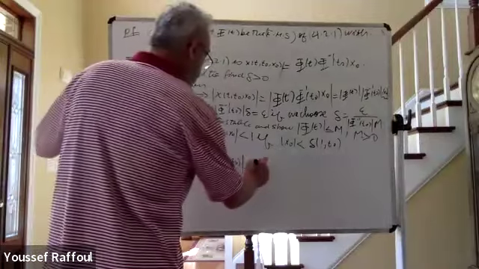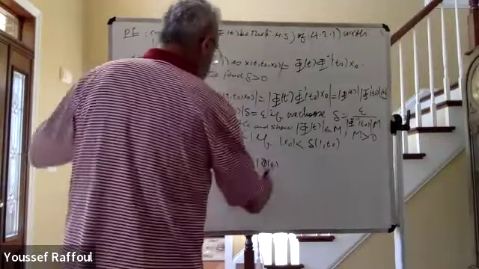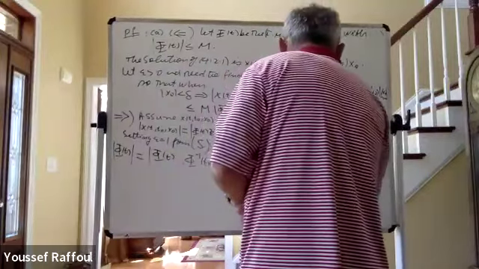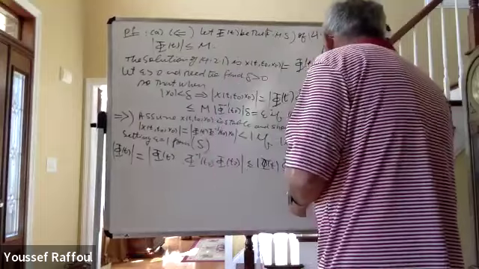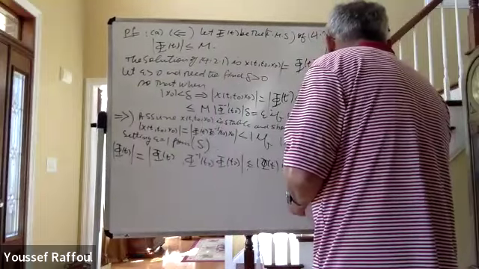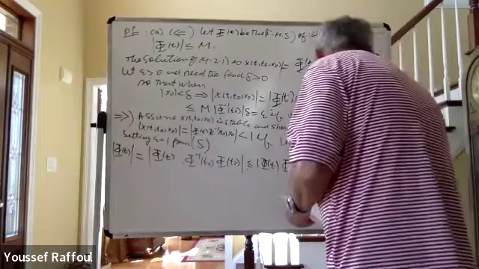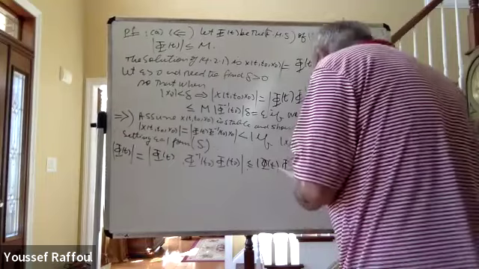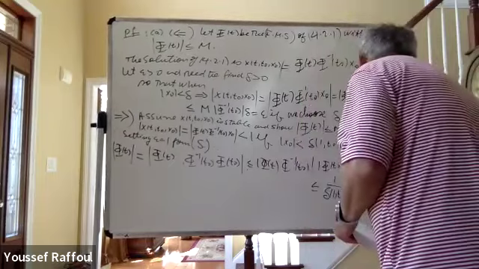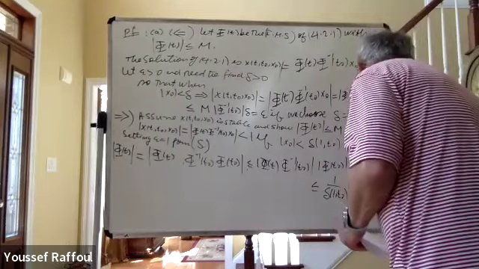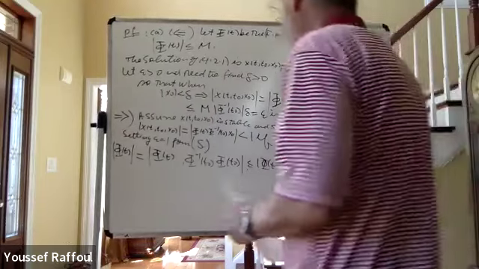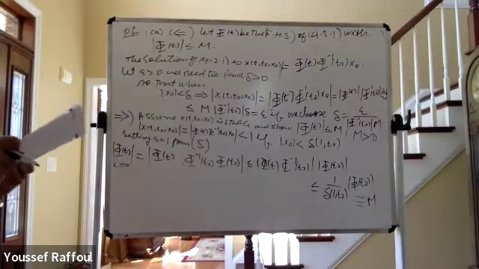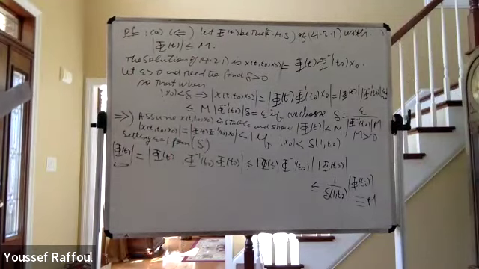This is less or equal to the norm of phi(t) phi inverse of t naught times the norm of phi(t naught). And this is less or equal to 1 over delta(1, t naught) times the norm of phi(t naught), and this is our m. So we got it, phi(t) less or equal to m. Okay?